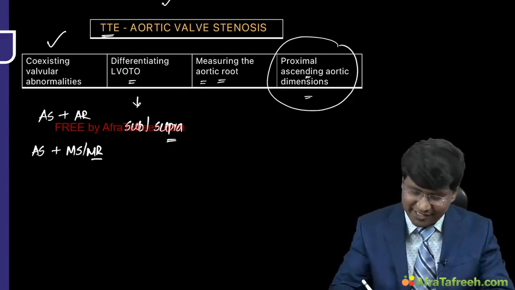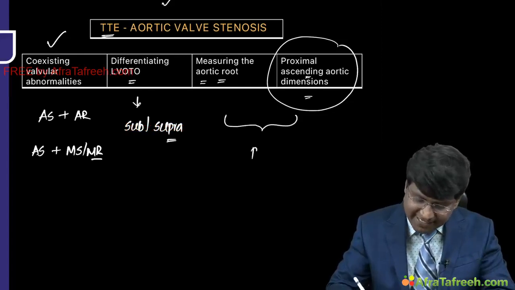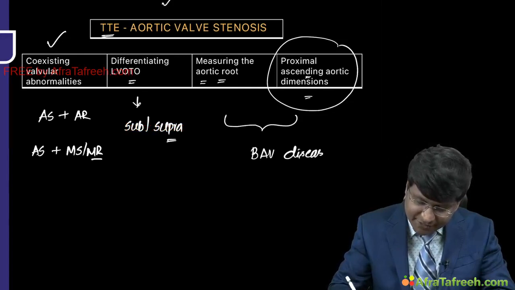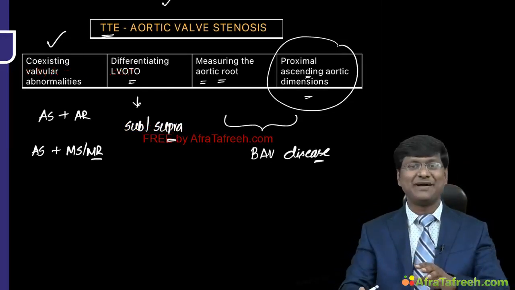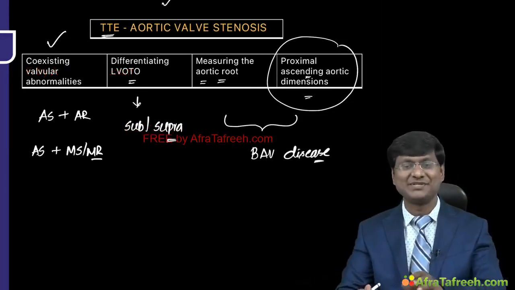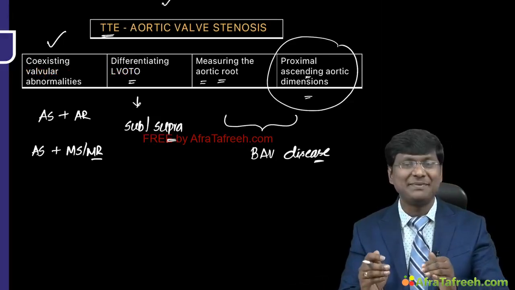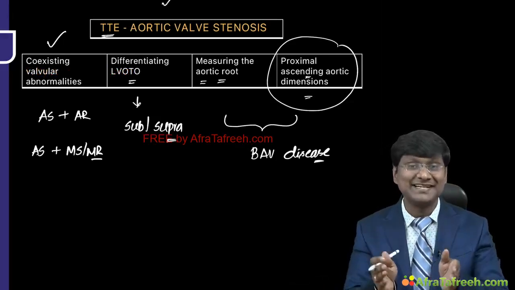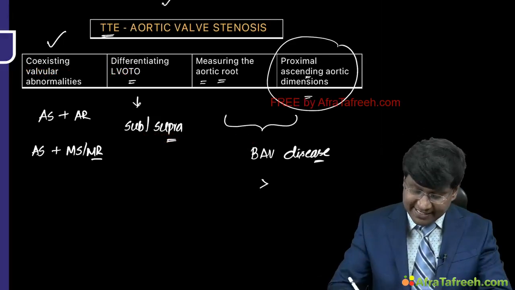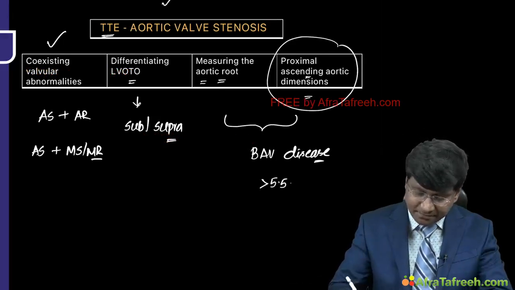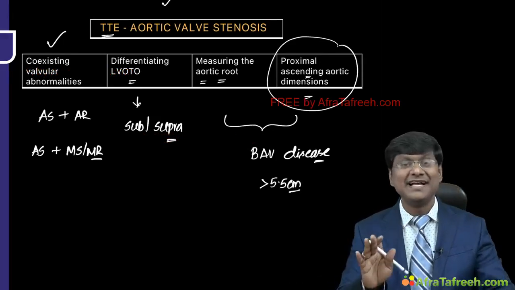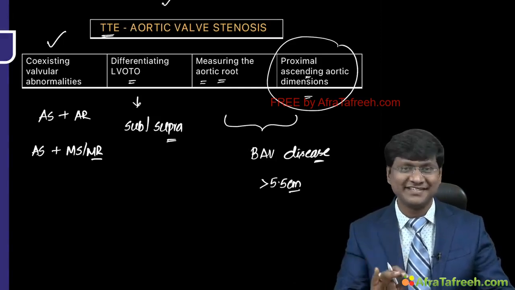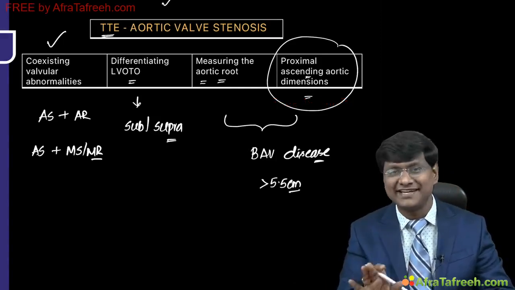They are very important in patients with bicuspid aortic valve disease, because in these patients with bicuspid aortic valve disease causing aortic stenosis, the proximal ascending part of the aorta is dilated, and if it is dilated more than 5.5 centimeters, that is an indication for surgical intervention.